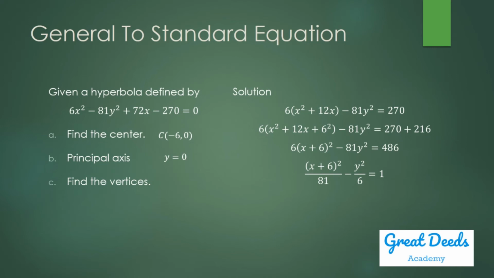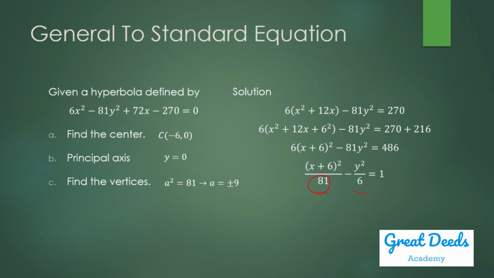How about the vertices? The vertices, the foci, and the center are all collinear. But from your standard equation, which denominator will help you find the vertex? Well, it's a squared, and the denominator that appears before subtraction is always your a squared. a squared is equal to 81. a is equal to plus or minus 9. In my previous lessons, I was only taking the positive square root of a squared.